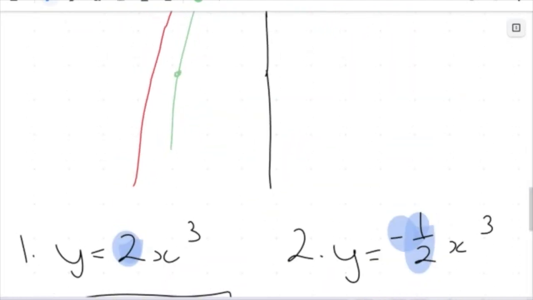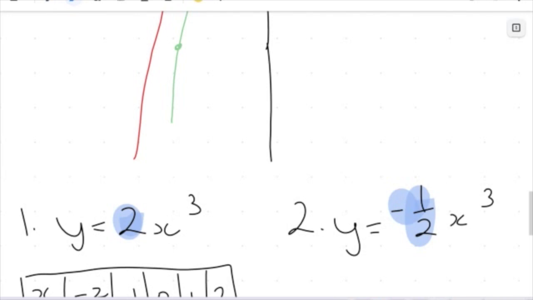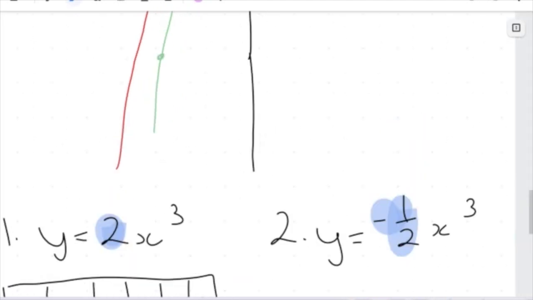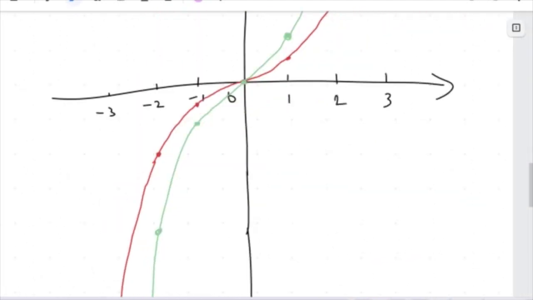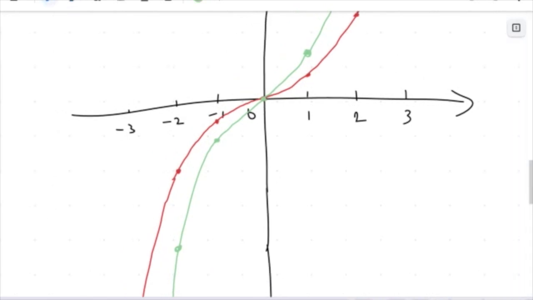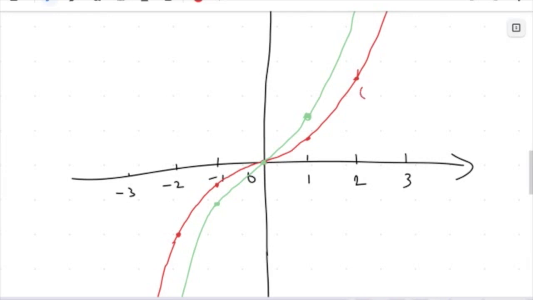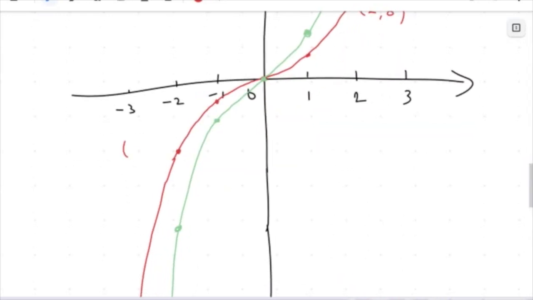Because not only is cubing the x getting applied, but once I've cubed this, I'm going to multiply that by 2. So the y's are going to grow at a much faster rate. Normally here, I would have had the coordinate, let's color code this, I would have had the coordinate of 2 and 8 here, or -2, -8.